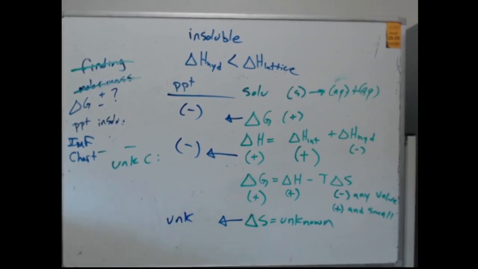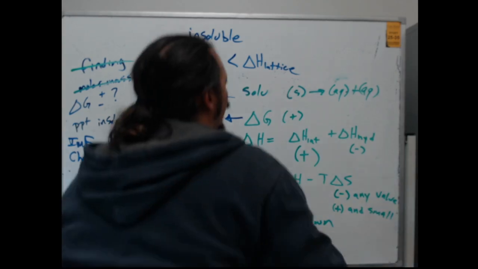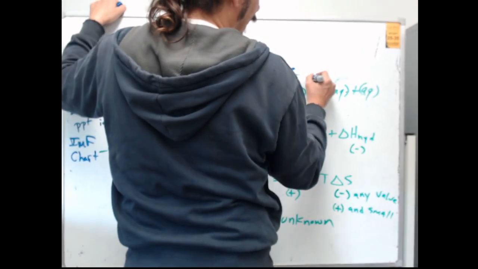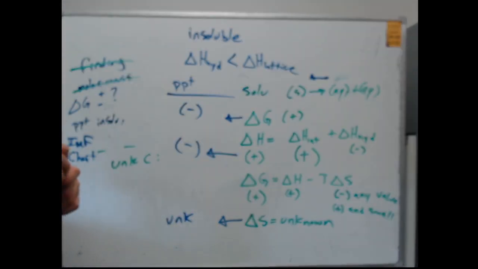And for me, doing solubility first every time is just conceptually easier. Rather than trying to remember what's happening in a different way with precipitation for the delta G, the delta H, the delta S, I always think about it in terms of the solubility reaction, and then recognize I'm just going to flip the reaction to get precipitation. I'm just going to have the arrow going this direction. I'm just going to flip everything.